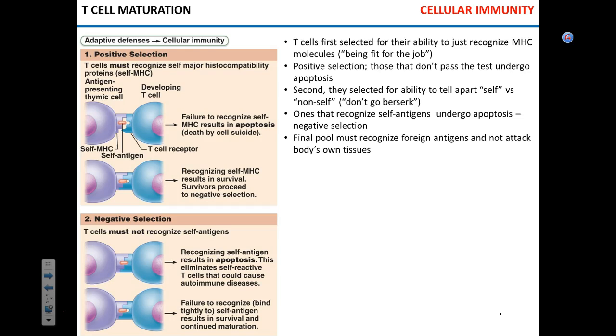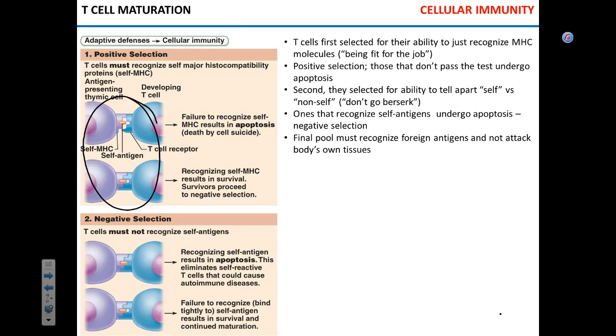We good? So negative selection is when you pretty much make sure that all self-reactive cells die. Does that make sense? We good? With T cells, you gotta throw in additional step, which is ability, just general ability, to recognize MHC molecule. If the T cell cannot recognize MHC, whether class 1 or class 2, it's useless because it cannot be presented with an antigen.